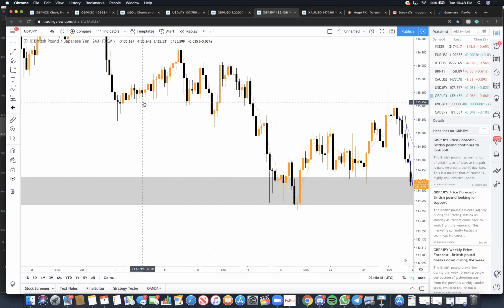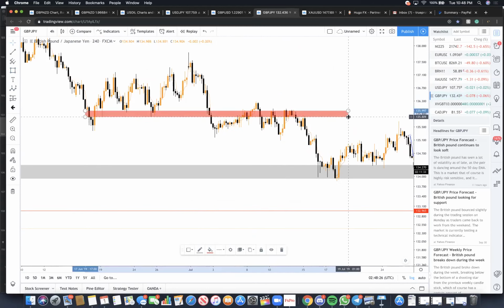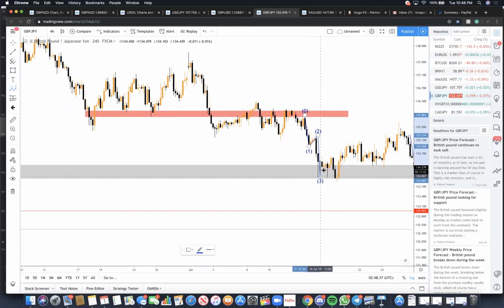All right, so here's my move to the downside, right? The market retested here. If I use my zones to identify that, here's my move to the downside. I'm not gonna count this here. I'm gonna start from the retest. Here's my first wave, second, third, fourth, see fifth, and then the market couldn't break that level.